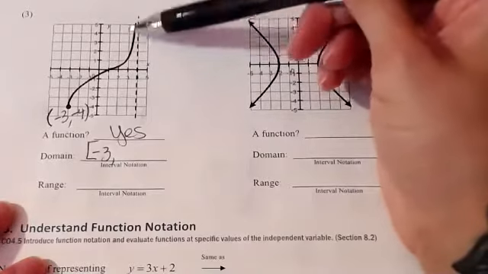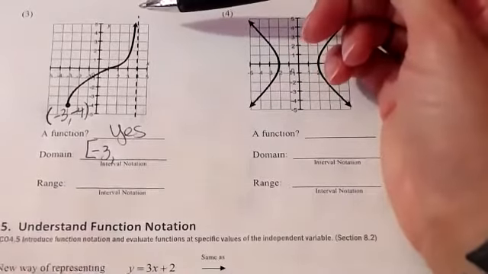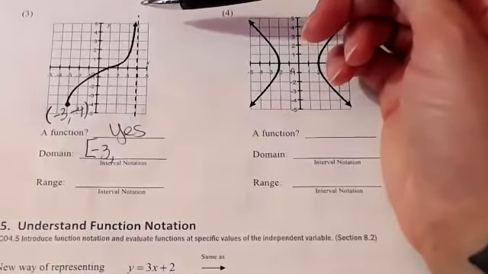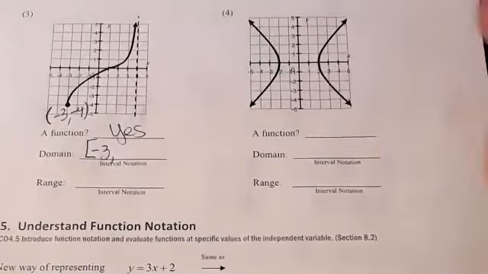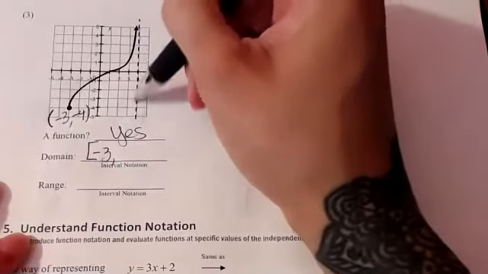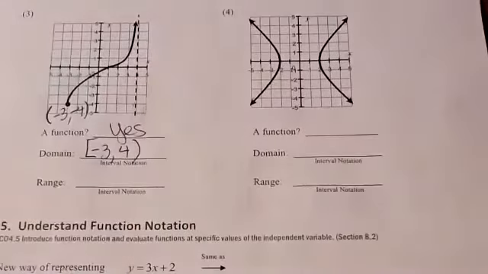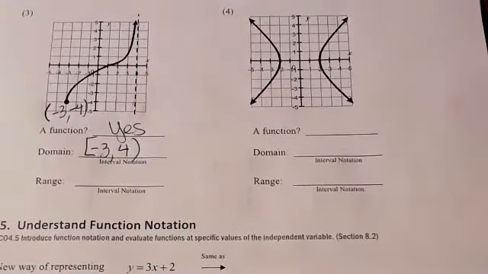Meaning it'll never actually reach this dotted line, but it'll get as close as humanly possible, and it'll get closer and closer and closer. So what we're saying is at any of these values, we're essentially approaching the x coordinate 4, but we're not going to actually include it. We're approaching it, but we're not actually going to touch that line, but we're getting as close as we possibly can.